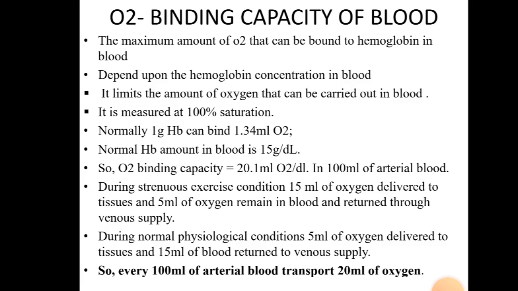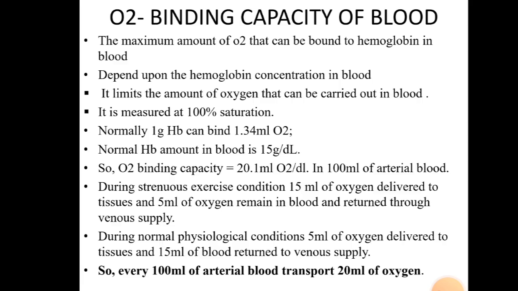The maximum amount of oxygen that can be bound to hemoglobin in blood depends on the hemoglobin concentration, measured at 100% saturation. Usually 1 gram of hemoglobin can bind 1.34 ml of oxygen. Normal blood is 15 gram per deciliter, and so oxygen binding capacity is 20.1 ml.